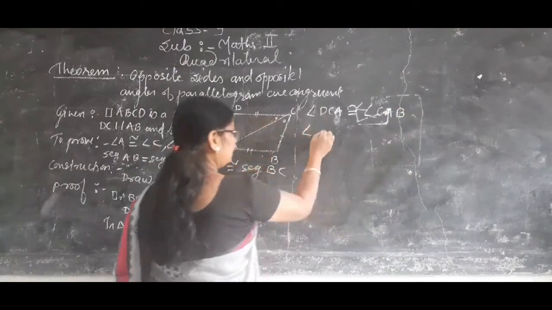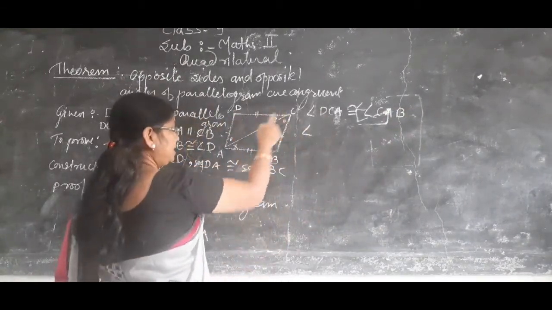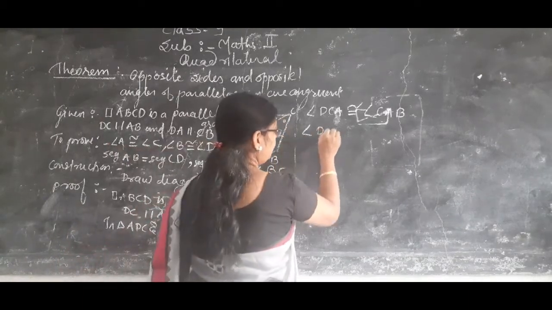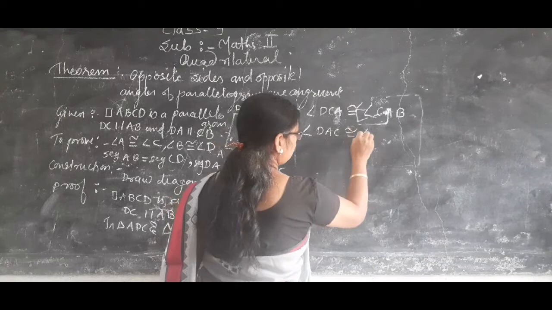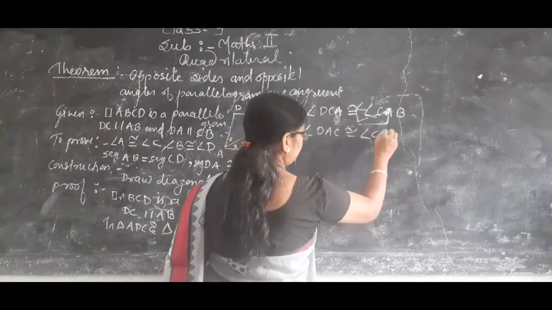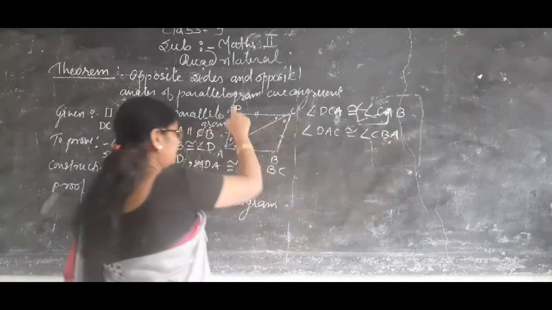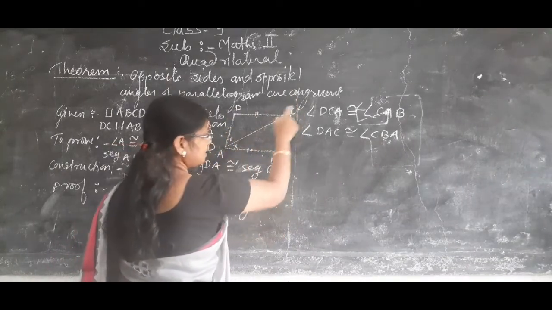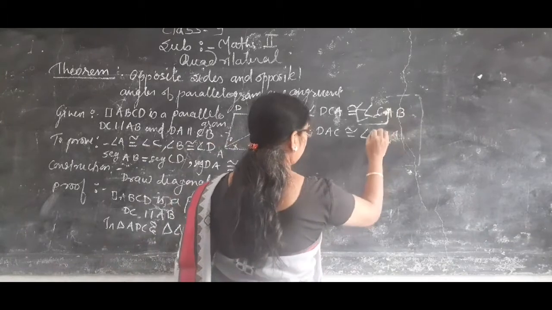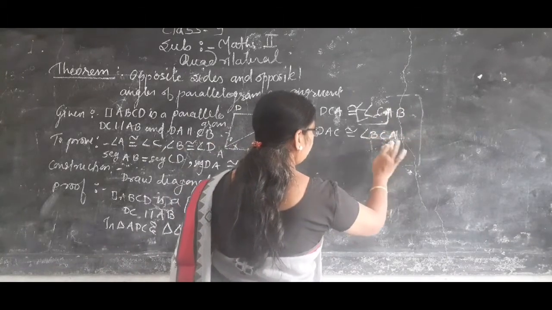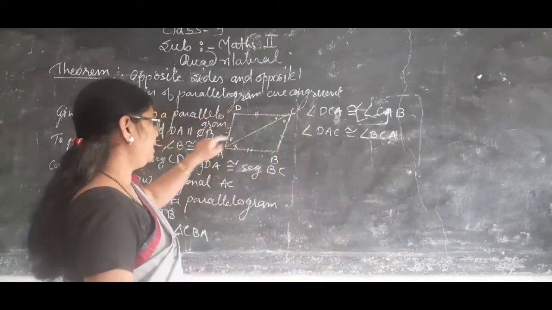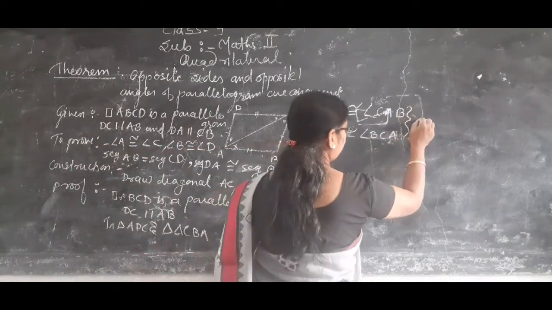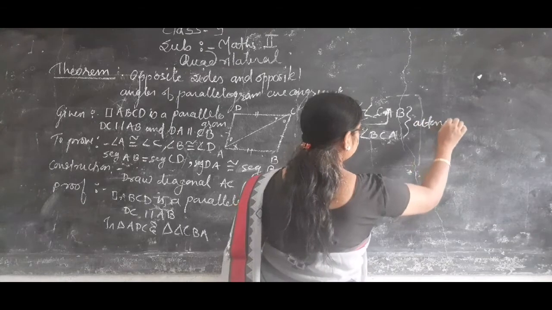These are alternate angles. Then second, we take DCA. Now take the next angle, DAC. Angle DAC is congruent to angle BCA. These two are which type of angles? Alternate angles.